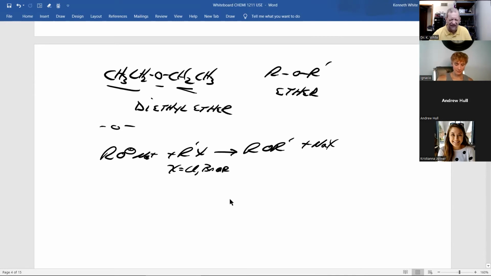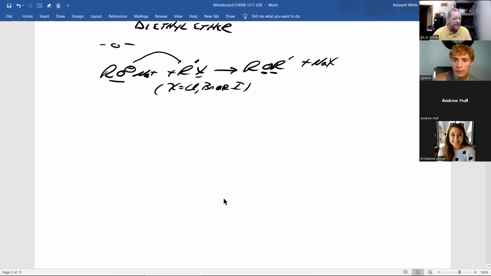All right, so if you have an alkoxide, this attacks. By the way, did I tell you organic chemists are violent? We use terms like attack. And if I were with colleagues, I'd use the same terminology. The carbon in R prime that has the halogen, this oxygen is now bonded to that carbon.